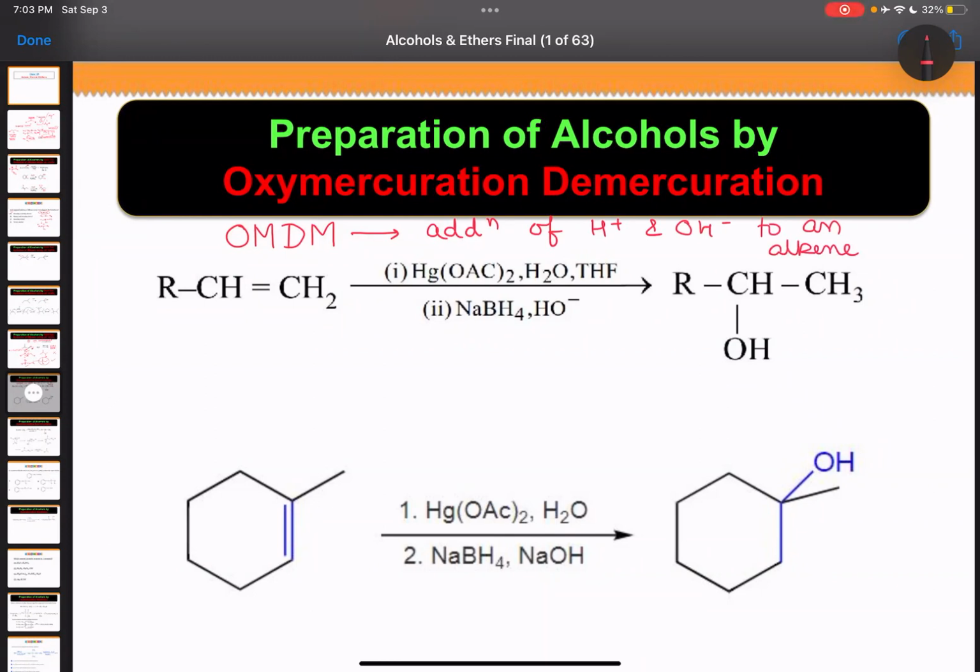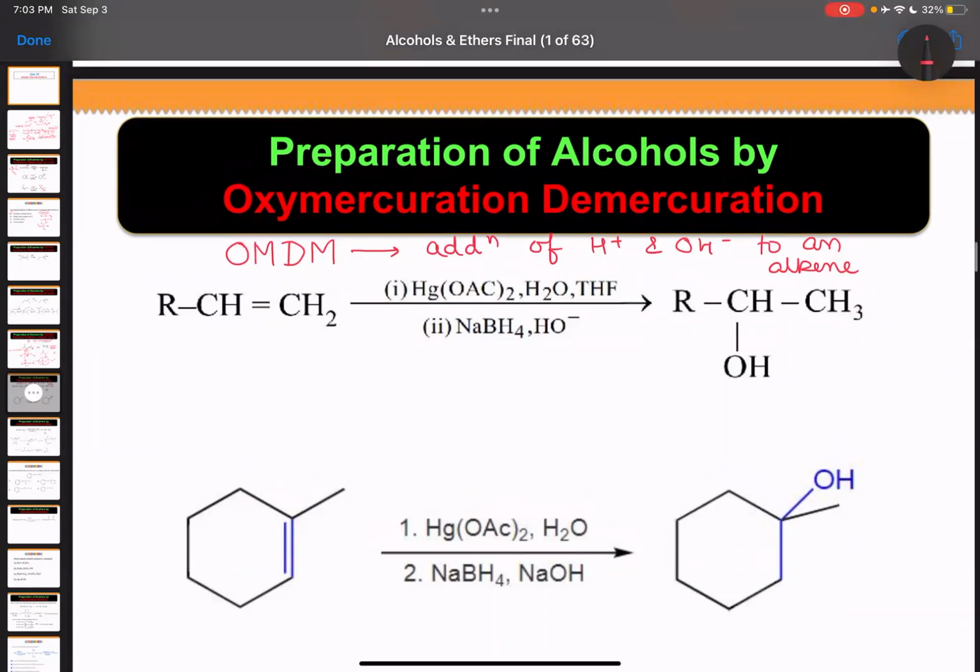That is Markovnikov addition. But we were doing Markovnikov addition from the last method also by taking directly H plus and H2O. What is the need for this method? The need is that in this case, the rearrangements will not happen.